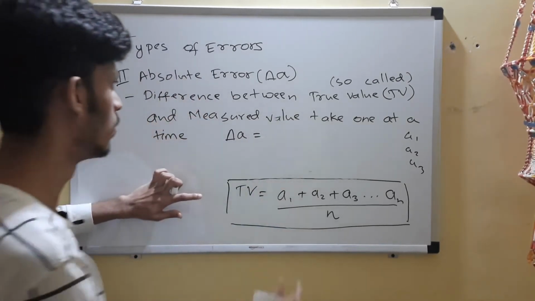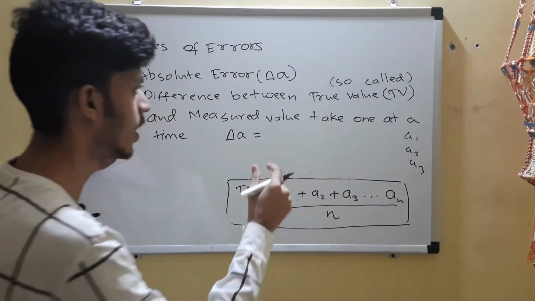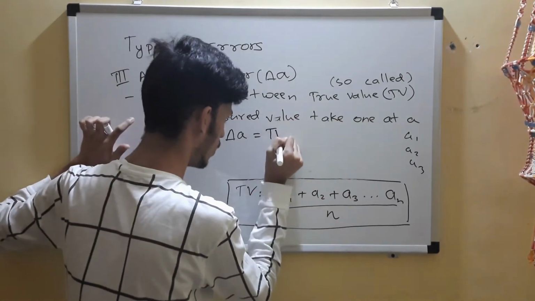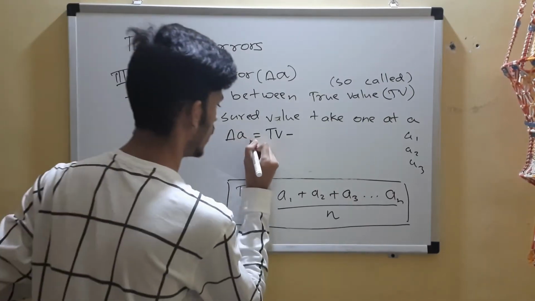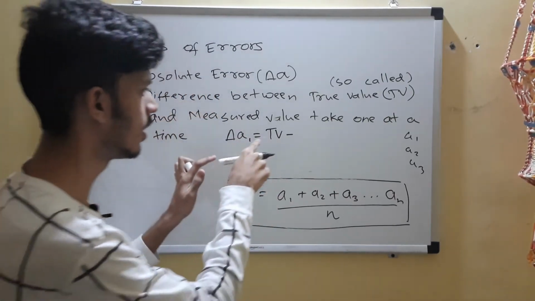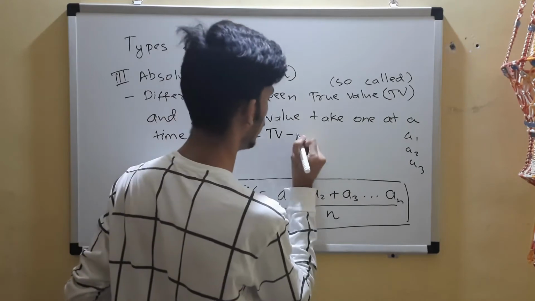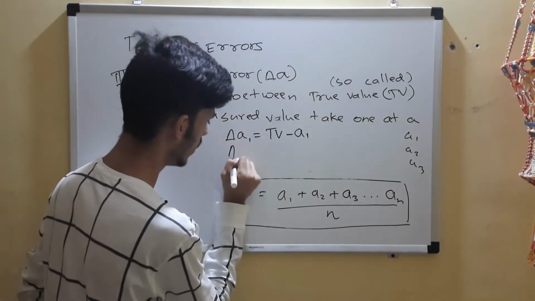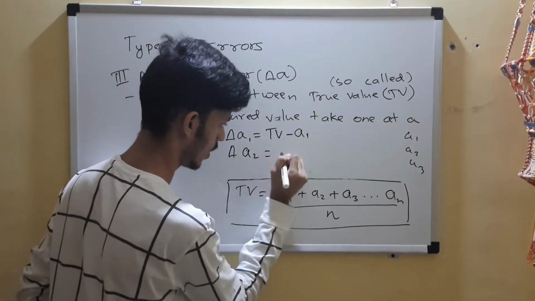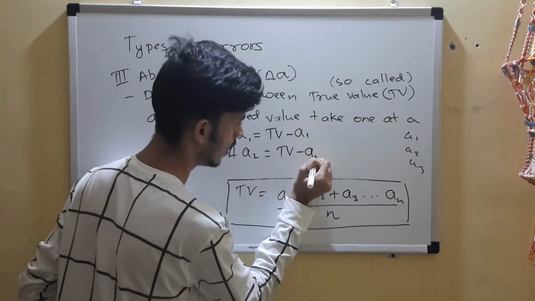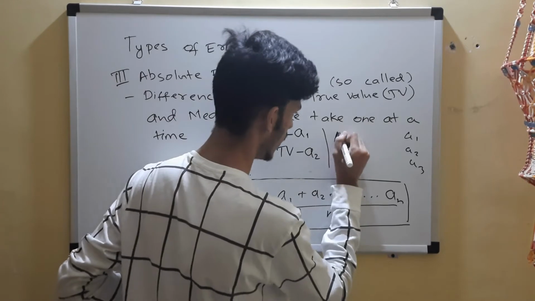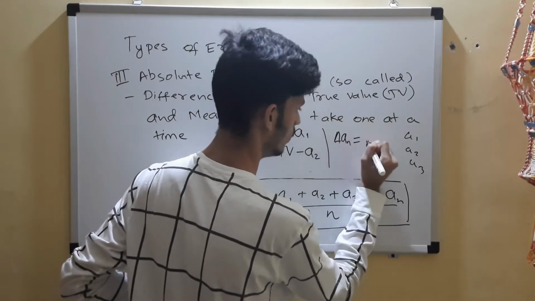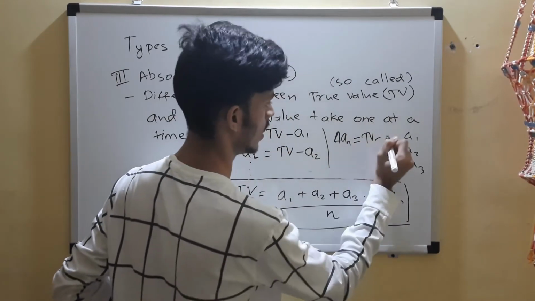Now it is the difference, which means you have to subtract measured value from true value. So take one at a time. For A1 it's TV minus A1. For A2 it will be TV minus A2, and this goes on till AN: TV minus AN.